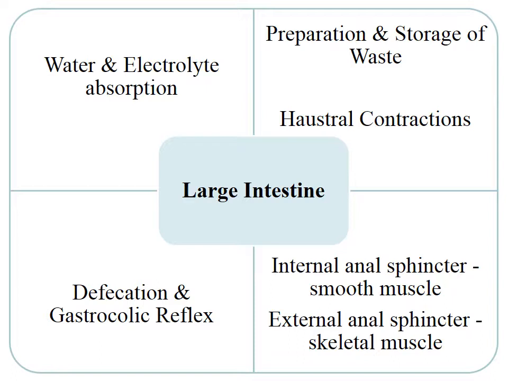Interestingly, it has two sphincter muscles. Internal anal sphincters are made of smooth muscle and under autonomic control, versus the external anal sphincter made of skeletal muscle and under somatic control.